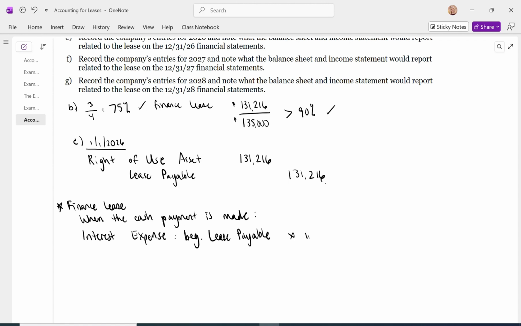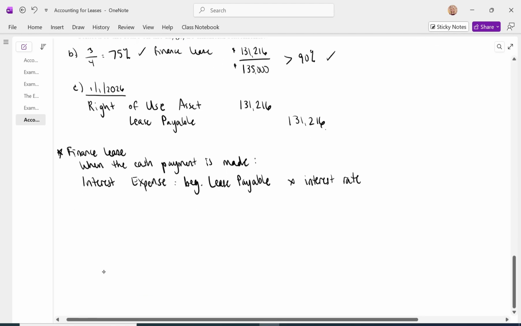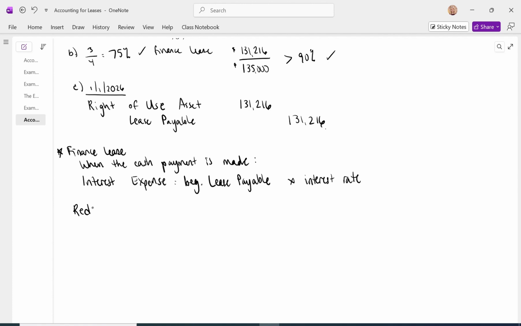And let's multiply that by the interest rate on the lease. And in this case, we said that it was going to be 7%. Okay, so we want to memorize this formula. And then the reduction, so we have our cash payment of $50,000. Some of that is going to be interest expense. That's going to change every year because the rest of that cash payment goes to the reduction of the lease liability or the lease payable.